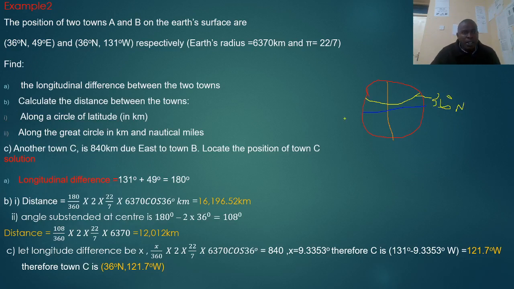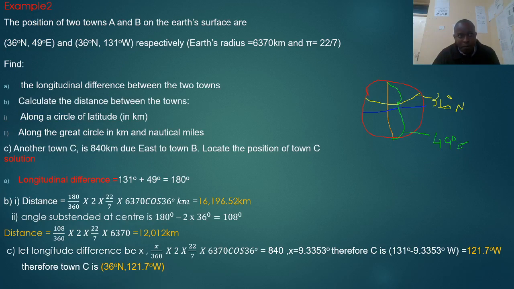If you also have 49 degrees east as your point A, 49 degrees east as your point A, both are in this latitude, so that is the point.